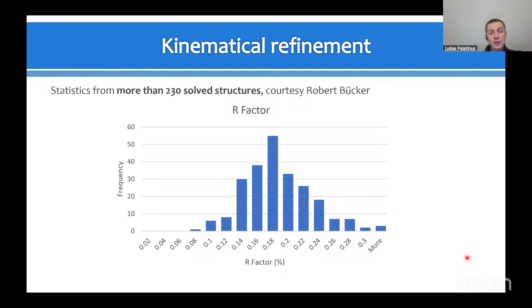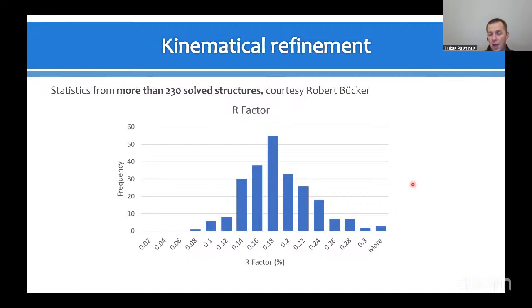On the other hand, because of the poor validity of the kinematical approximation, the accuracy of the calculated intensities is poor. Therefore, also the match with the experimental intensities is poor. And the most visible result is high R factors.